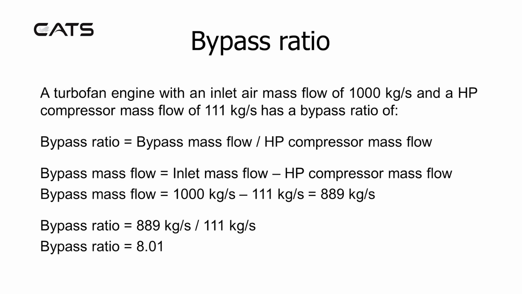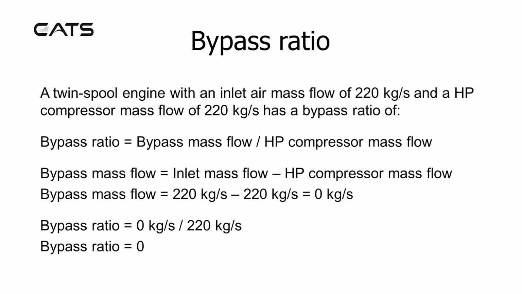Bypass mass flow has to be calculated by subtracting 111 from 1000 kilograms per second to get 889 kilograms per second. So the bypass ratio is 889 kilograms per second divided by 111 kilograms per second, resulting in a bypass of 8.01 to be precise. Quite a high bypass.